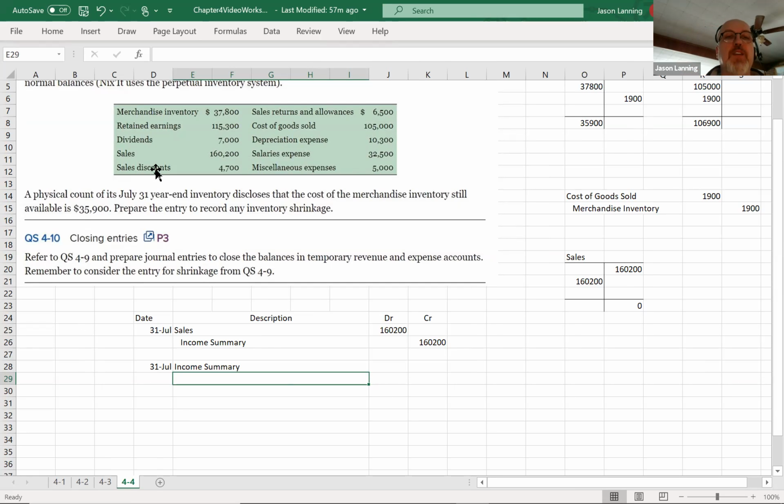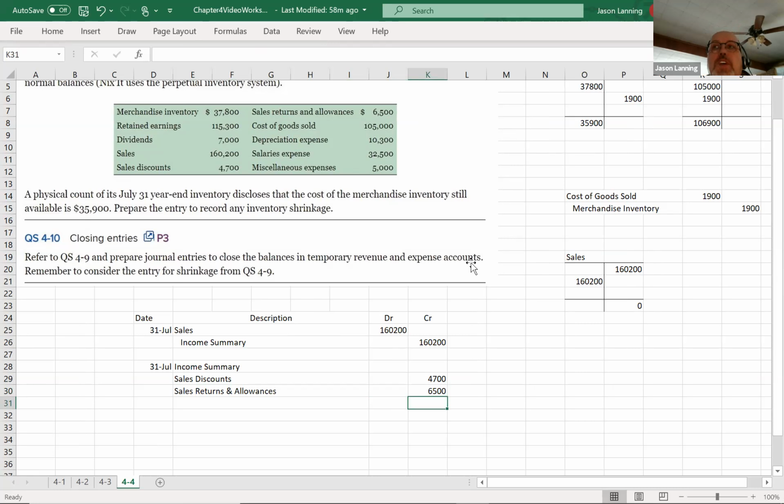So the first thing we have here in expense are sales discounts. All right, and that is going to be credited for 4,700. And then we also have sales returns and allowances for 6,500.